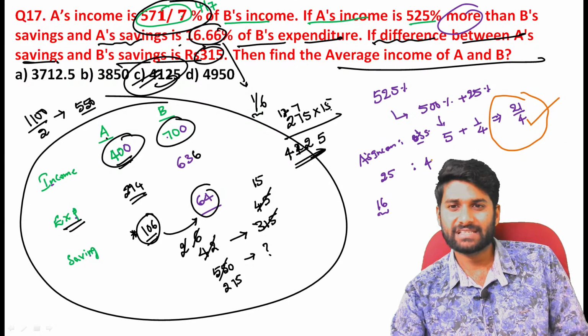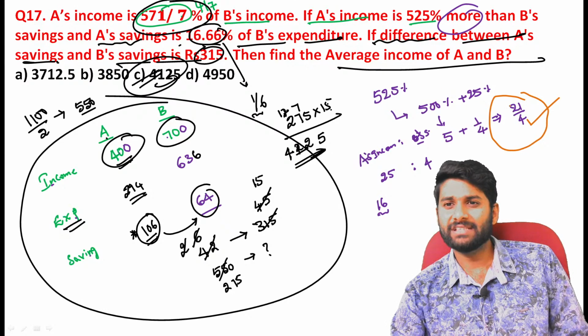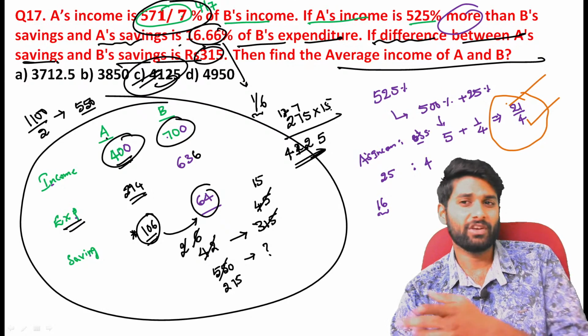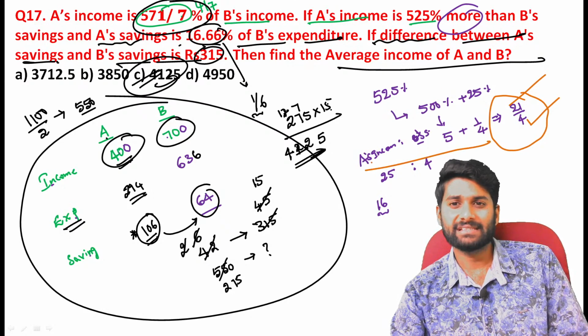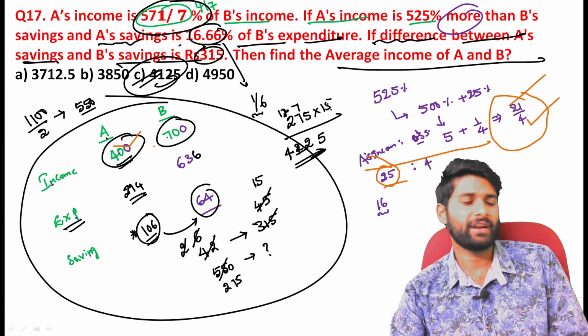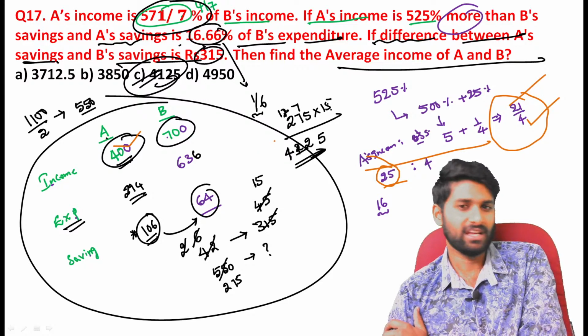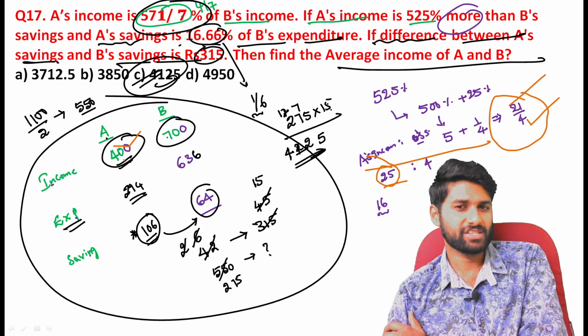See, B's savings is exactly equal to 4 units. Now it increases by 21 units, meaning 21 units more, so A's income is exactly equal to 25. Now I just compare. 25 becomes 400, so each unit is equal to 16.